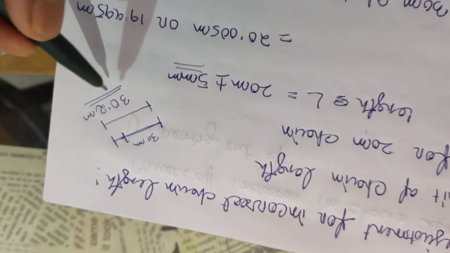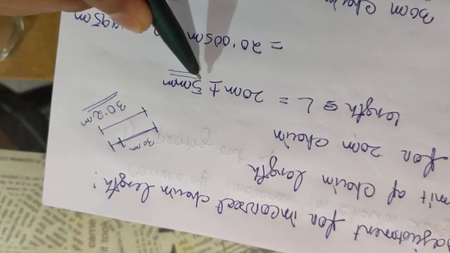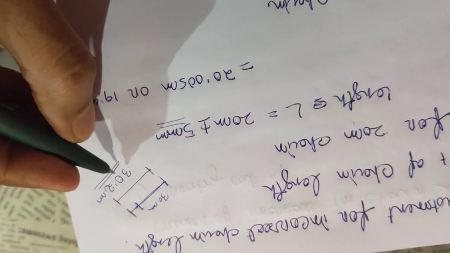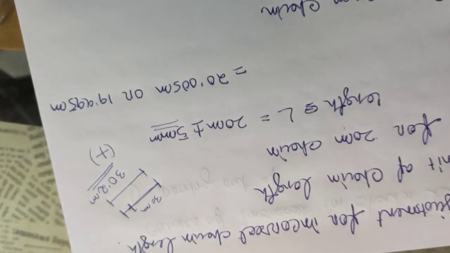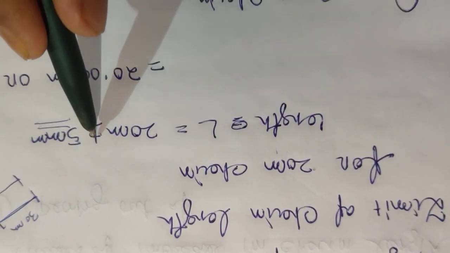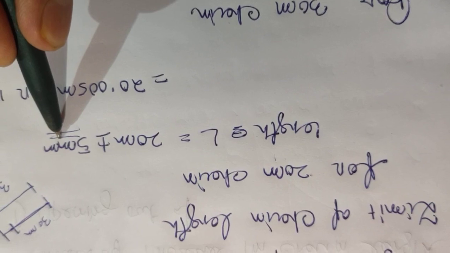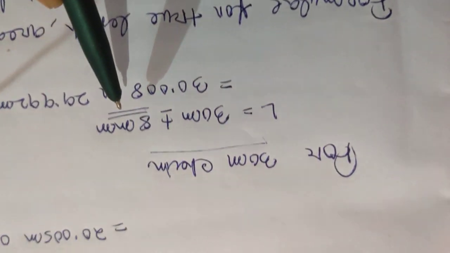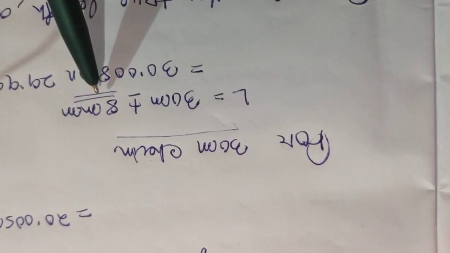So in that case, the correction that we need to apply is positive. That means we have to do plus 5 millimeter. And here, in case of 30 meter chain, we have to do plus 8 millimeter.